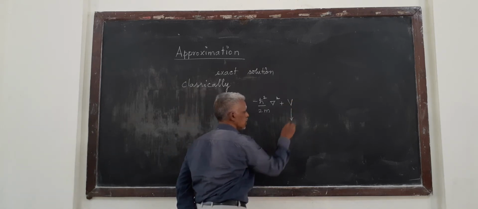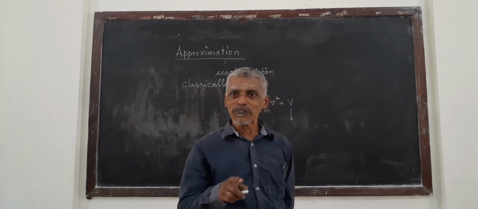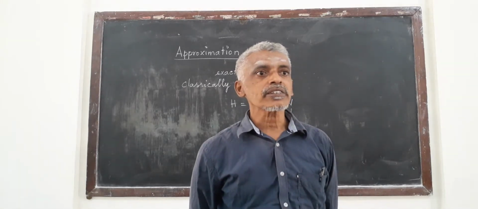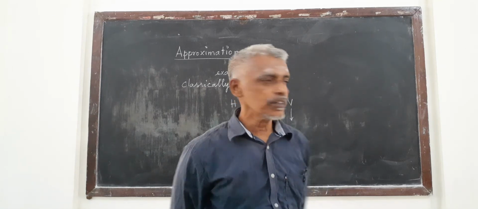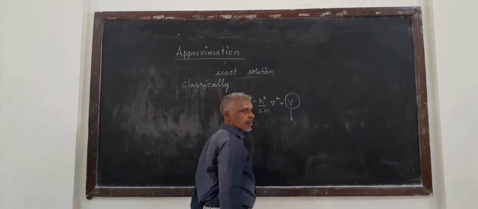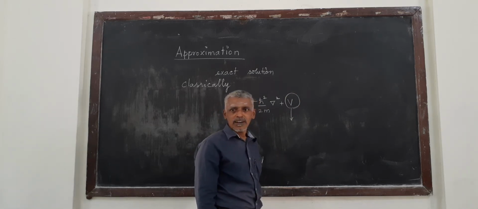In the place of V, if I take the example of a single electron system, the hydrogen atom, then what are we supposed to write in the place of V for the hydrogen atom?